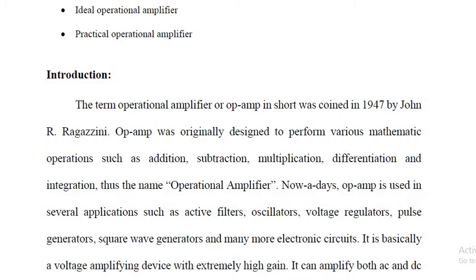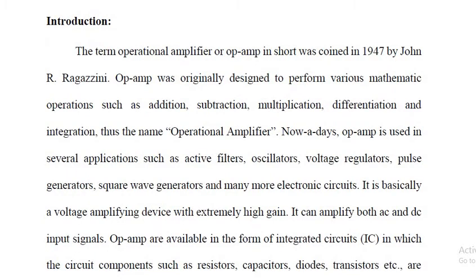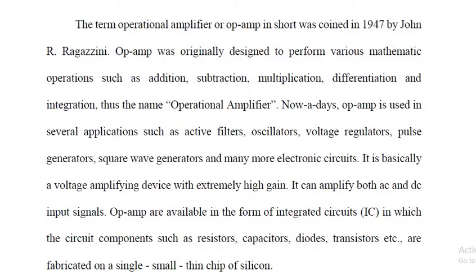Nowadays, OpAmp is used in several other applications such as active filters, oscillators, voltage regulators, pulse generators, square wave generators, and many more electronic circuits. It is basically a voltage amplifying device with extremely high gain.